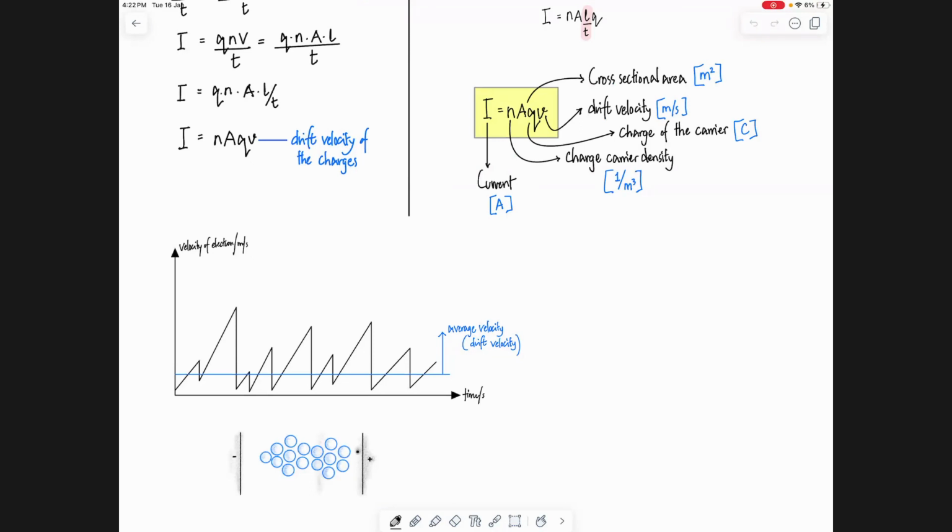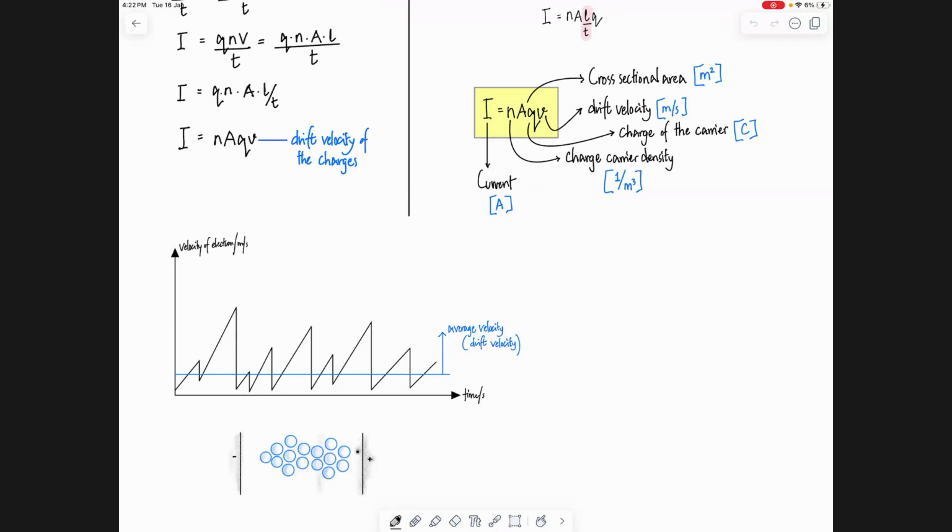Definition? Almost there. Average velocity of charged carriers in a circuit. It could be electrons, it could be ions. What is n? Charge carrier density. It is the number of free charge carriers per unit volume of a material.